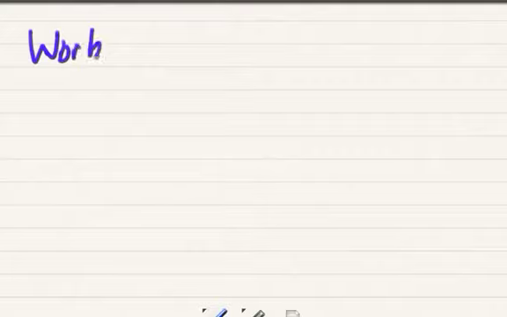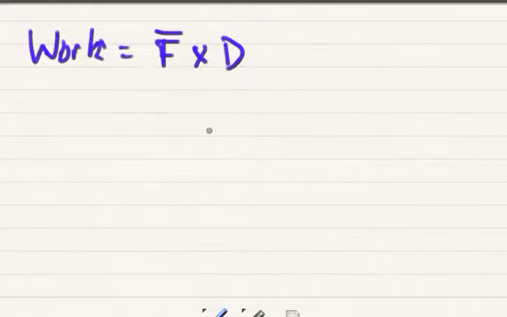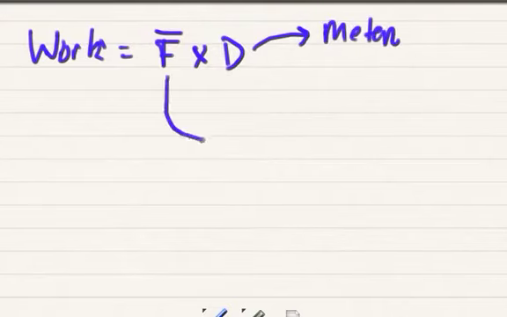Okay, so let's just talk about what work is. Work is nothing more than a force applied over a distance. So work literally equals force times distance. Let's break this down a little bit. Distance in chemistry, in international units, the fundamental unit of distance is the meter. And then force, what does force do?